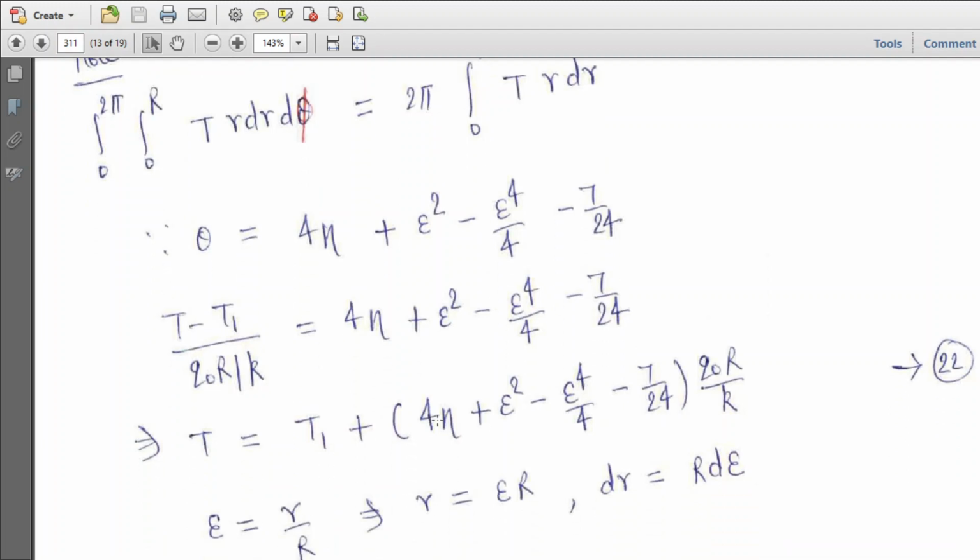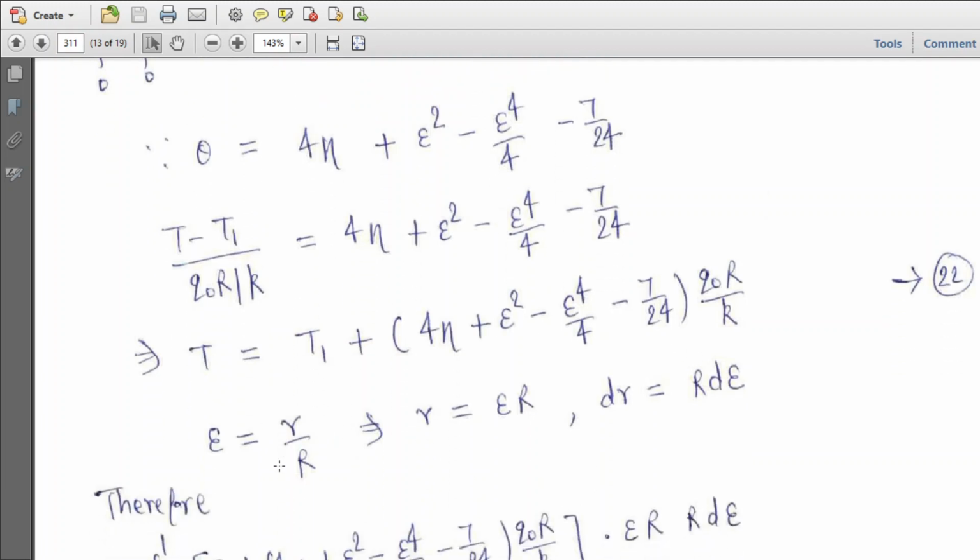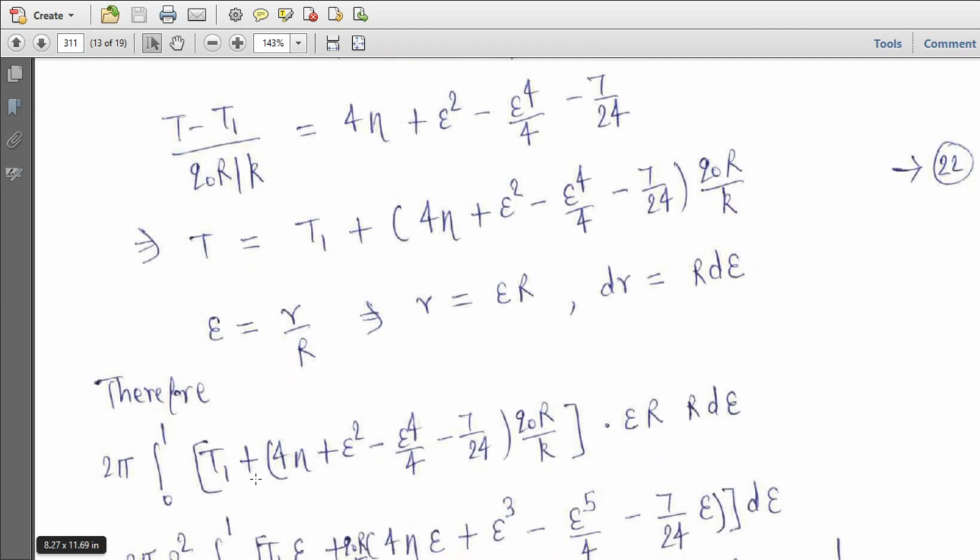From here you will get the expression of T. Then epsilon is r upon R, so r equal to epsilon R, and dr equal to R d epsilon. Now we can substitute that expression there. You will get 2 pi integral 0 to 1 of T1 plus 4 eta plus epsilon square minus epsilon 4 upon 4 minus 7 upon 24, times q naught R upon k, multiplied by epsilon R into R d epsilon.